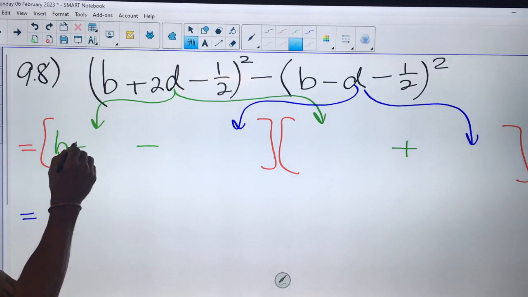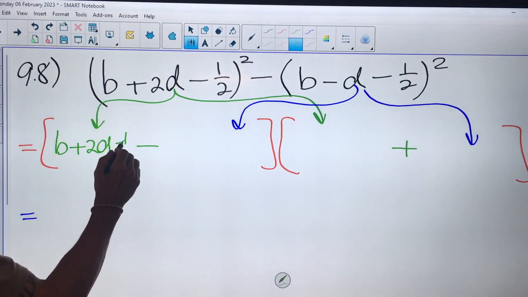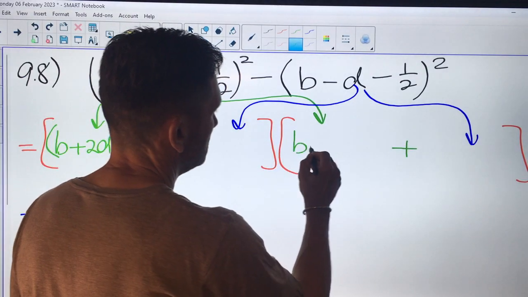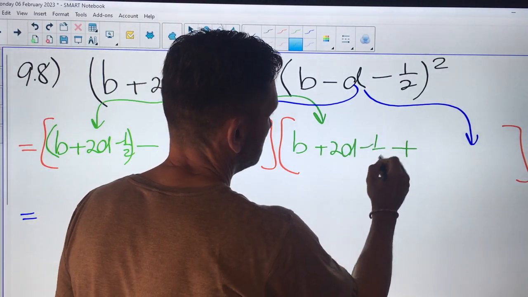So here is b plus 2d minus a half, b plus 2d minus a half.